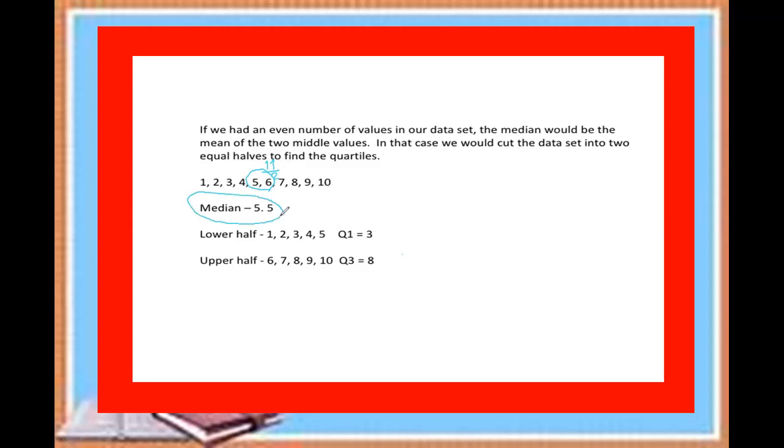And of course, the lower half is also even. So we add the two middle values together, which is 2 plus 3 equals 5, and divide it by 2. So that is how we get the lower half quartile, and also the upper half quartile ranges.